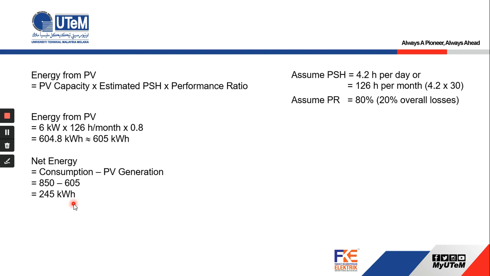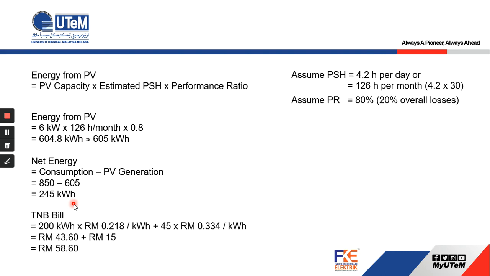Okay, so now the new TNB bill, if you calculate, is only going to charge you for 245 kilowatt hour. So the first 200 kilowatt hour is going to be charged at a rate of 21.8 cents.